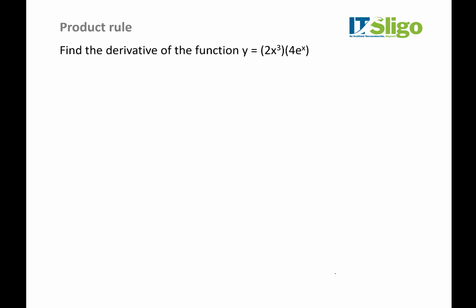So now we're asked to find the derivative again of two terms being multiplied. So we have u multiplied by v. We'd call the first term u, the second term is v, and then we differentiate each one separately. So when we differentiate this, the 2 stays, the power drops down, we reduce the power by 1, so that'll give us 6x squared.